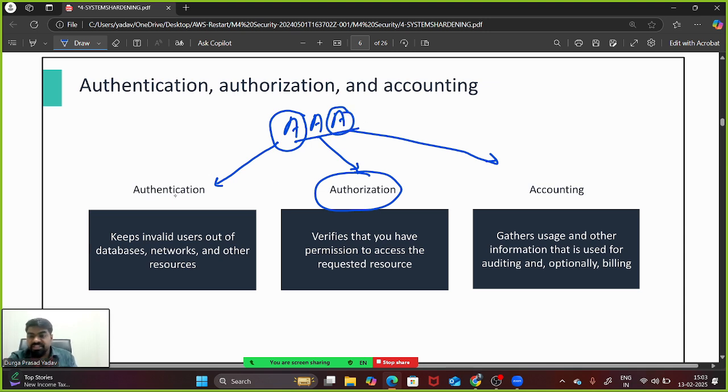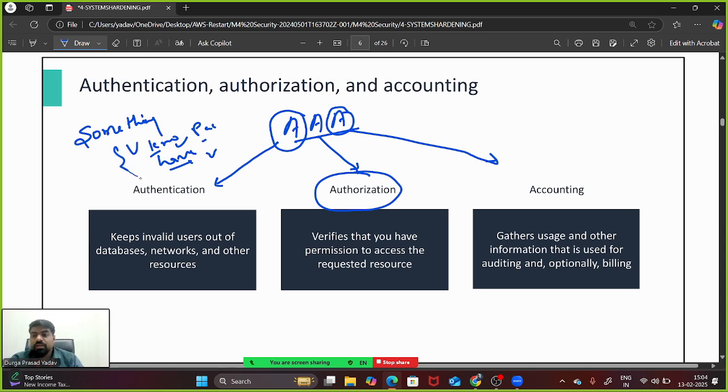So authentication means what, guys? Authentication means something you know or something you have. Something you know, like a password, or something you have, like your biometric fingerprint or eye retina.